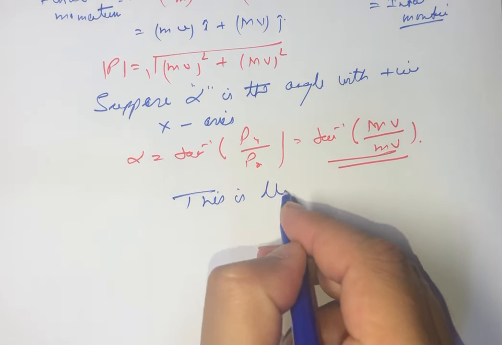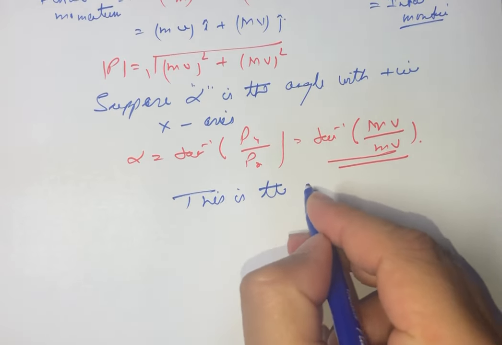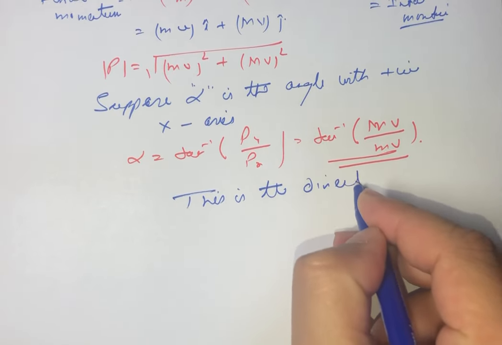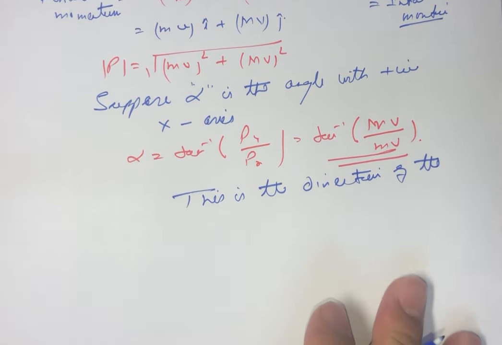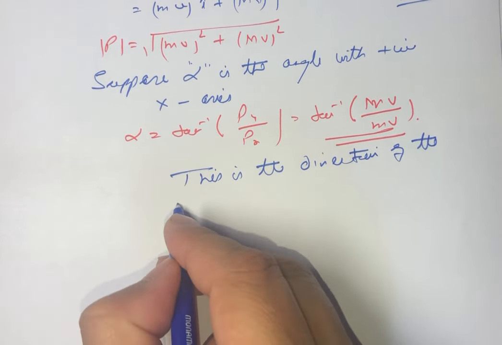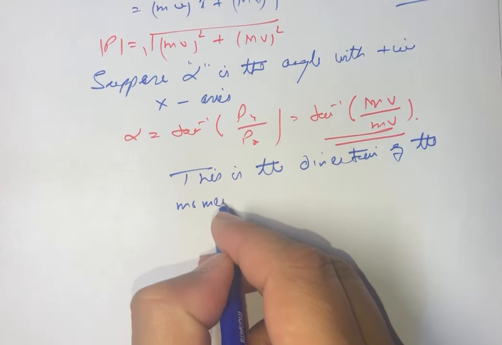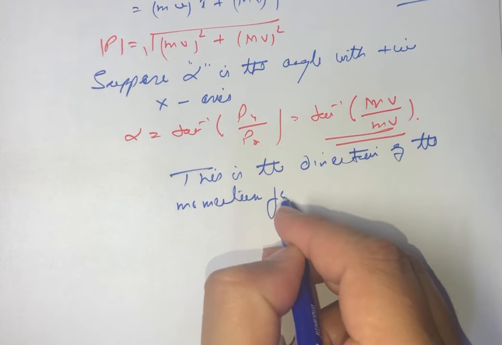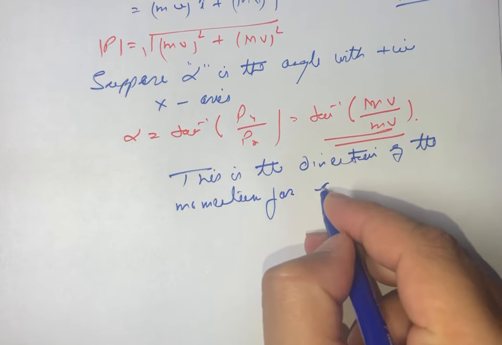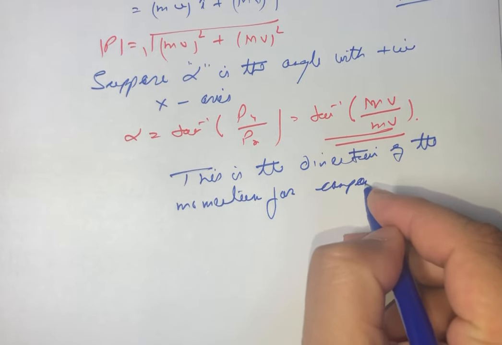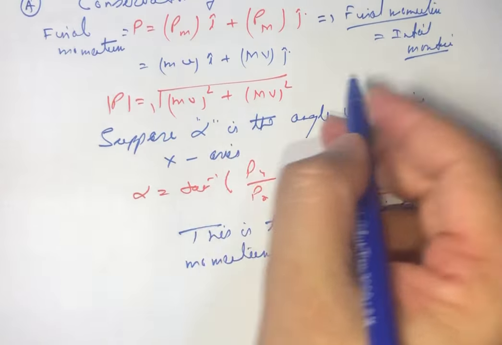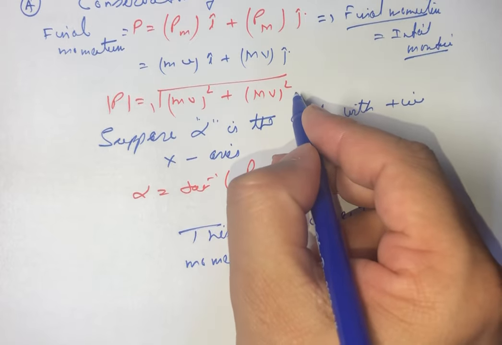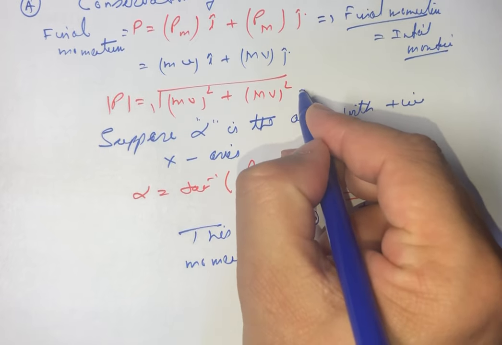This is the direction of the momentum for the composite body, and this is the magnitude.